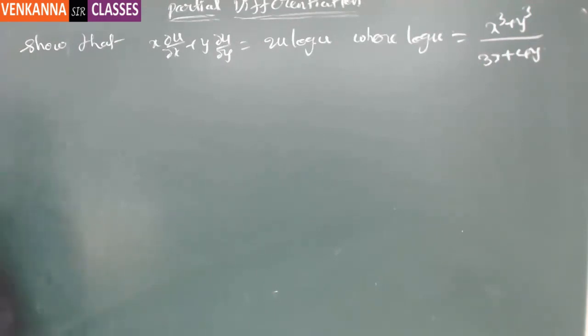Can you show that? If log u is given as x³ plus y³ divided by 3x plus 4y, then prove that x ∂u/∂x plus y ∂u/∂y is equal to 2u log u.